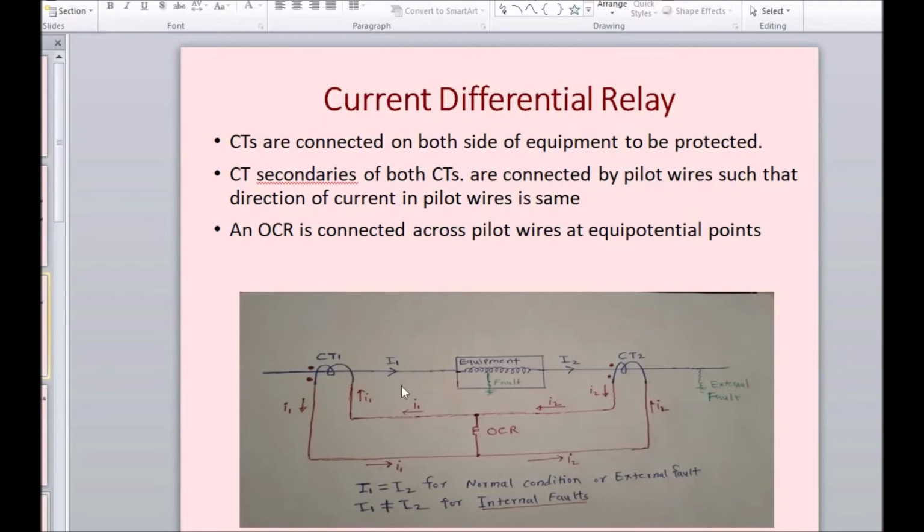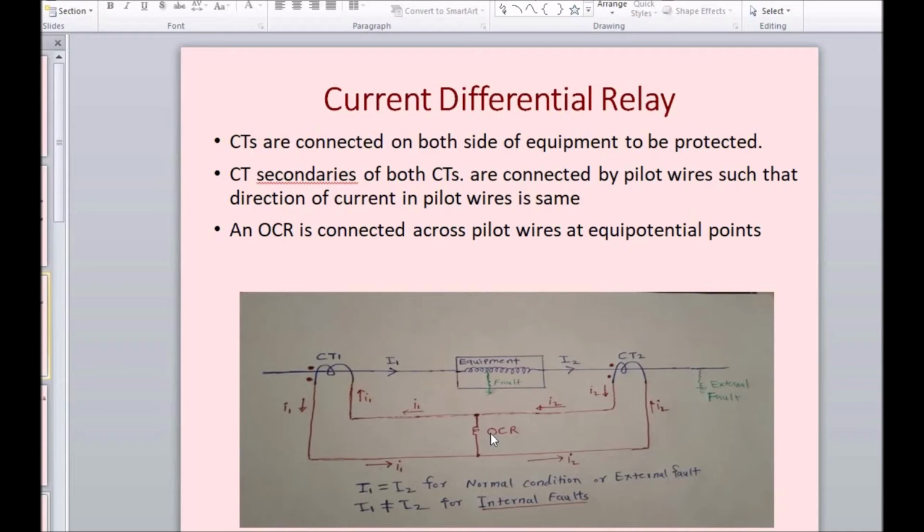So what happens, this I1 current and I2 current are not equal. Therefore the current entering CT1 and the current entering CT2 are different. That's why CT1 secondary current and CT2 secondary current, small i1 and small i2, are not the same, and hence a differential current flows through this relay coil. If this differential current is greater than the predetermined relay current setting, then this relay will operate.